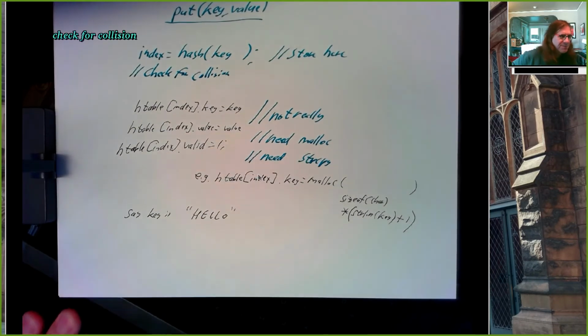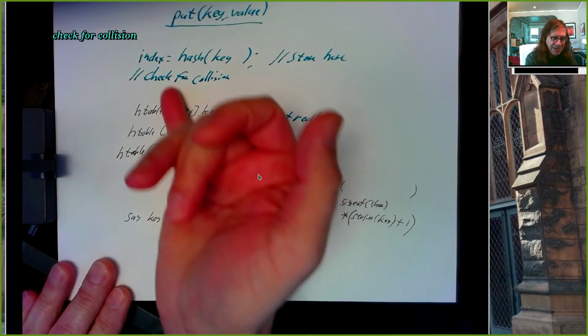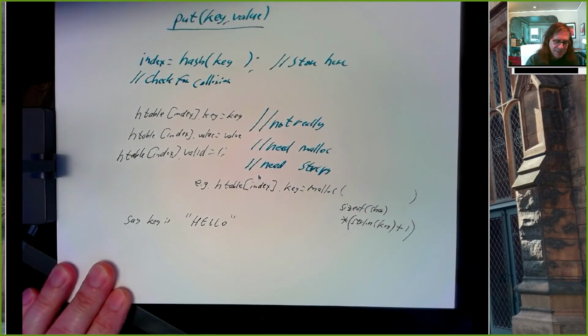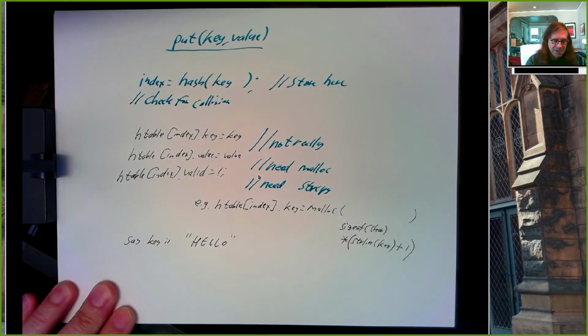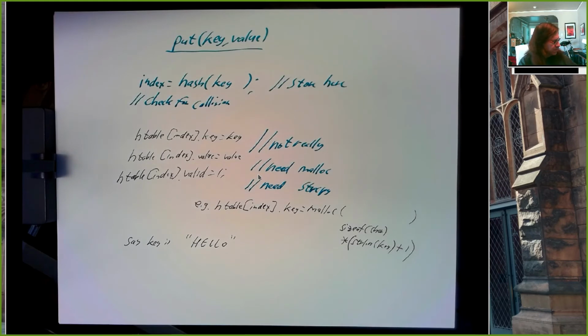All right, so checking for the collision is easy. Just check to see if that location in the hash table has its valid flag equal to 1. But if it is, what do we do? Well, using the probing, which we talked about yesterday, the idea is we basically rehash.